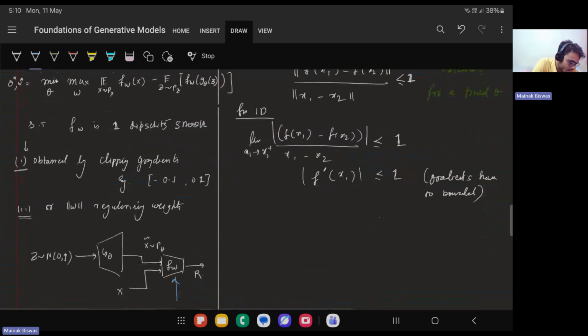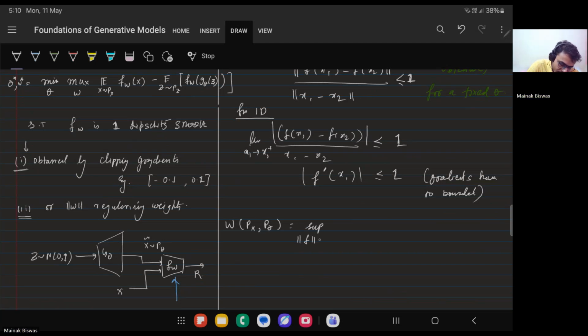So now I know that for my Wasserstein GAN, the distance between the data and the model distribution is given by the supremum over fw being Lipschitz smooth, of the expected value of fw of x from px minus the expected value of x from p theta, fw of x.